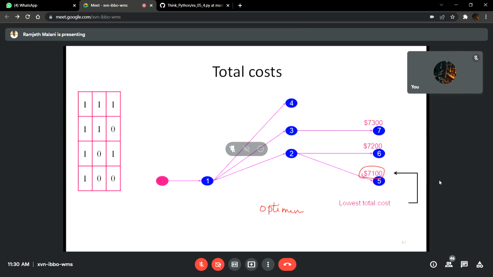You can find out the cost for each state and the transition cost. You add the cost for each state, that's the fuel cost, and the startup cost associated with all paths, and the lowest cost path will be the optimum.